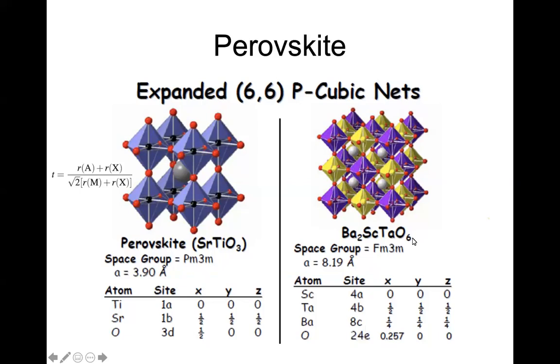Okay, so now you can divide it. So what you get is the ratio of these ions, the atomic sites here. Okay, so two barium, one scandium, one tantalum, and O6. Actually there is some issue here. I think it should be 12E, because if you divide by 2, you should get 6. No, correct, it is 8C.